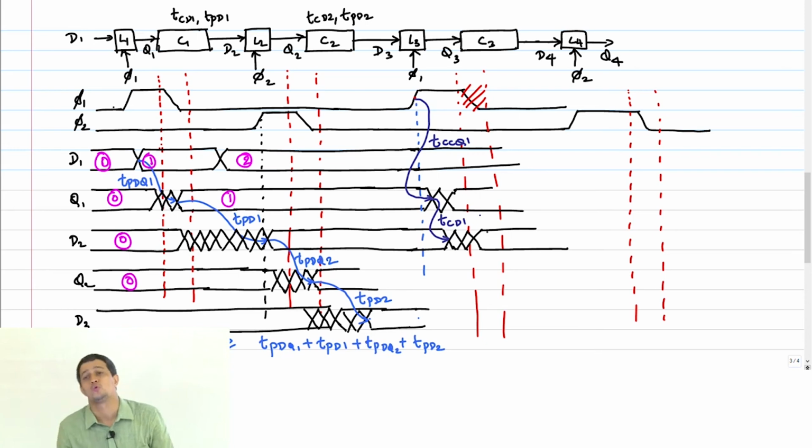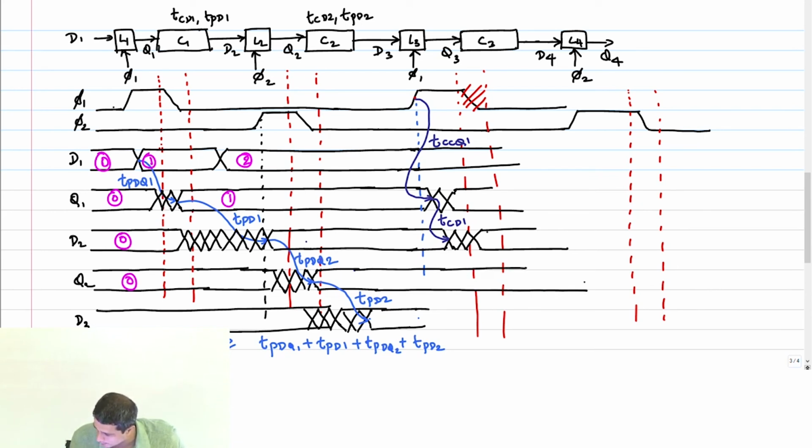What should happen at Q2? Look at the previous cycle here. What is the event that Q2 should have sampled? Event 1, right? So Q2 is expected to hold event 1 all through until the next one. So this has to be event 1, but this is event 2 already, by the way, and so is this.